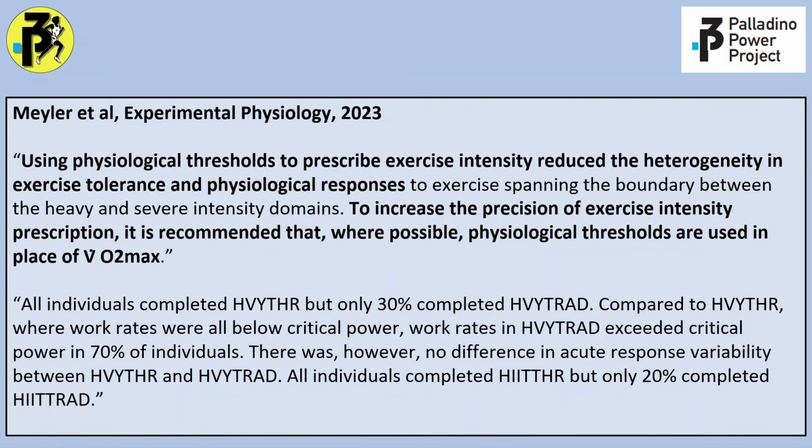And in this study, they prescribed training in the high end of the heavy domain as well as in the severe domain based on either a physiologic marker or percent of VO2 max, and found that in the top end of the heavy, that would be your tempo or subthreshold intervals, only 30% completed it when it was prescribed by the traditional percent of VO2 max.